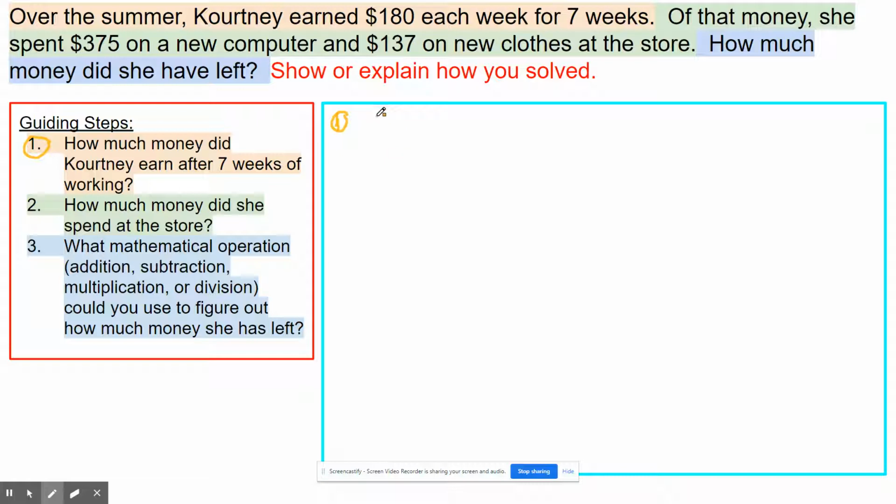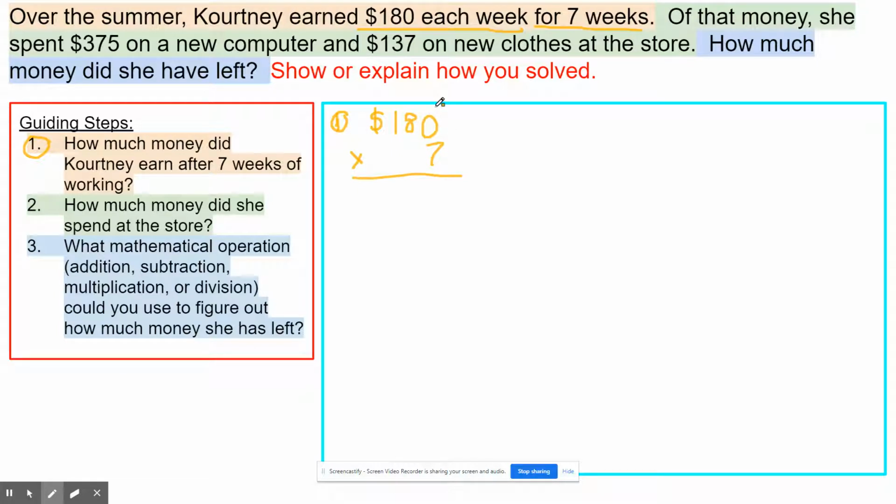And we know, it tells us right here in the first sentence that Courtney earns $180 each week. So we know, after every week is done, she has earned $180. Now she does this for 7 weeks. Right, so as you might have guessed, this means I need to multiply 180 by 7.